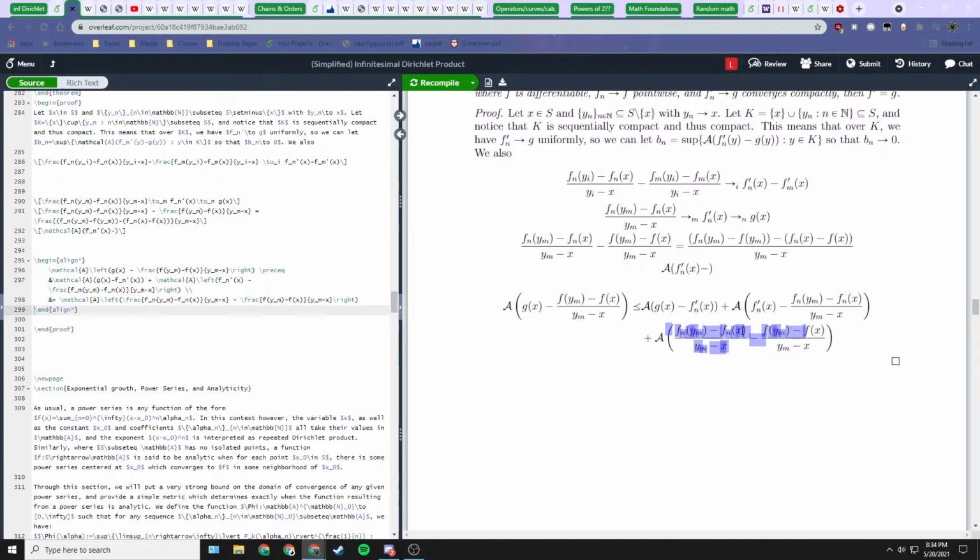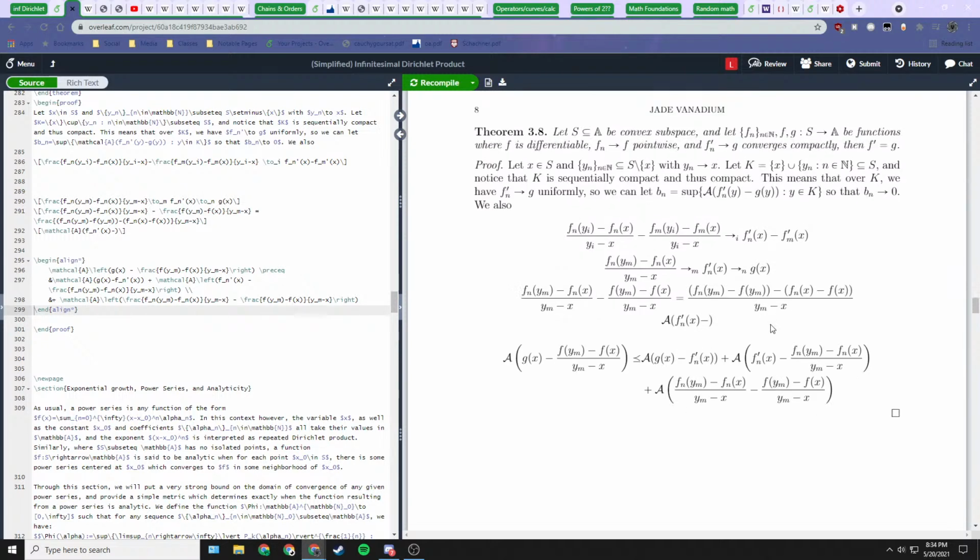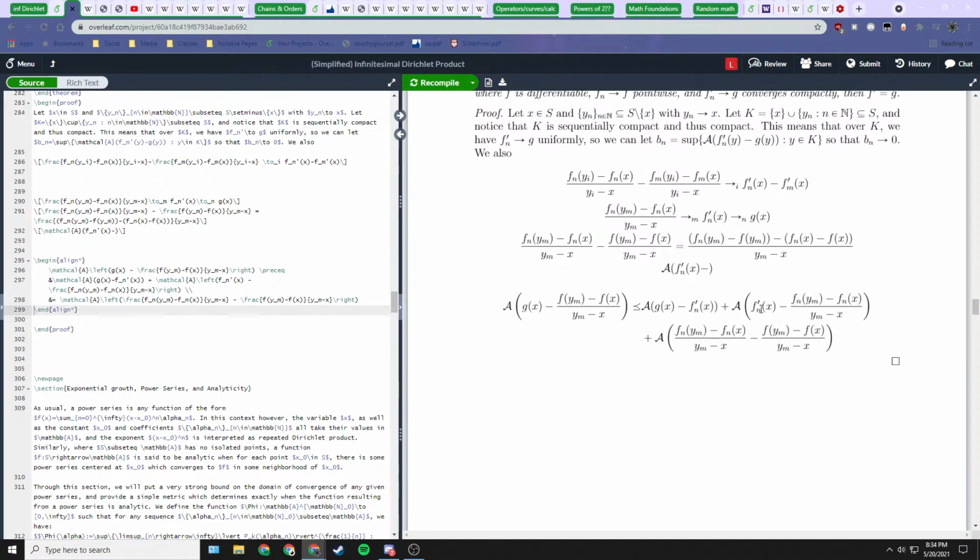All we need to do then is pick n large enough so that it's above this bound, and also so that this whole expression goes to 0. We can do that because as n goes to infinity, this whole expression tends to just the difference between f prime and this fraction. If we assume f is differentiable, this will be easy.